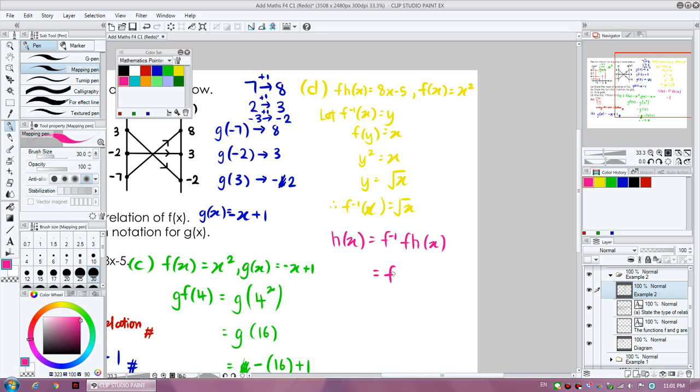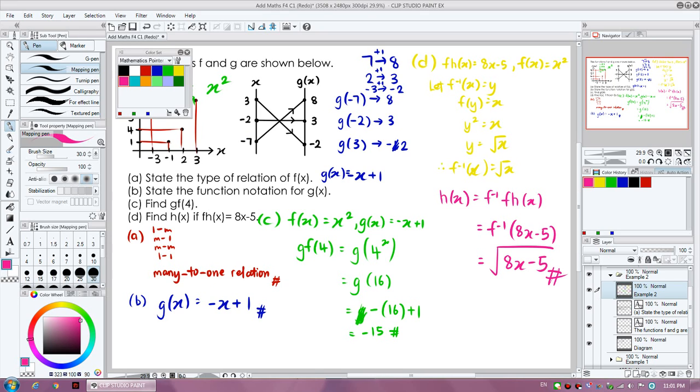So f negative 1 of fh(x), where fh(x) is 8x minus 5. And what is f negative 1? The square root of x, and with the x changing to 8x minus 5, it will be the square root of 8x minus 5. And that's h(x). That seems to be everything solved for this part as well.